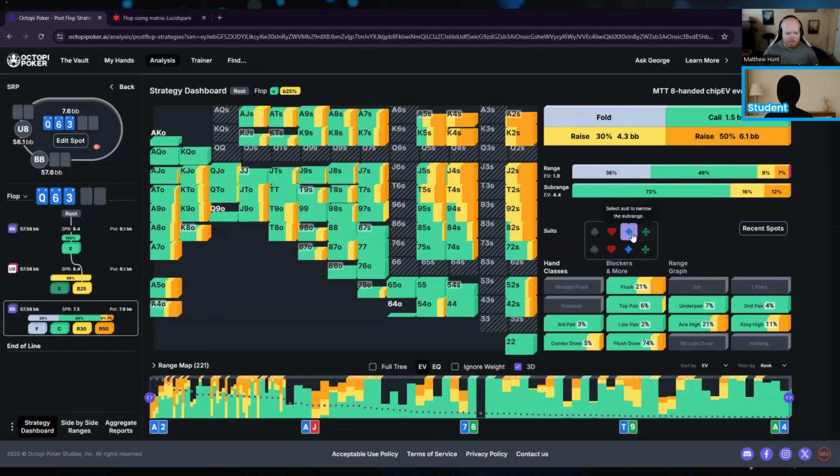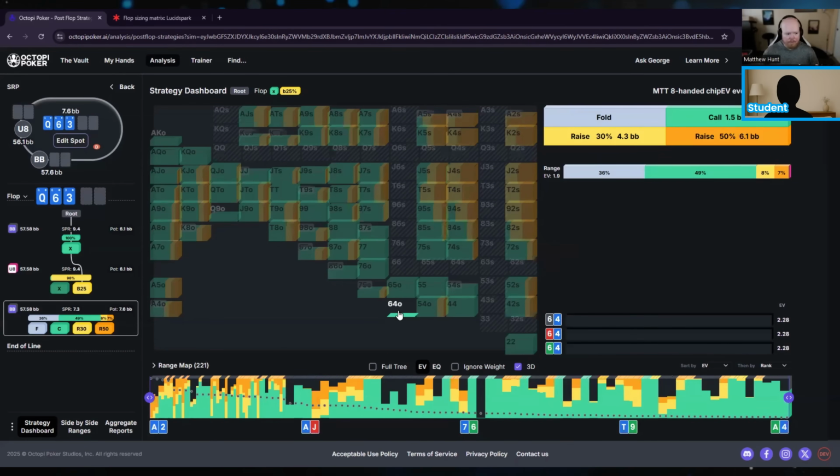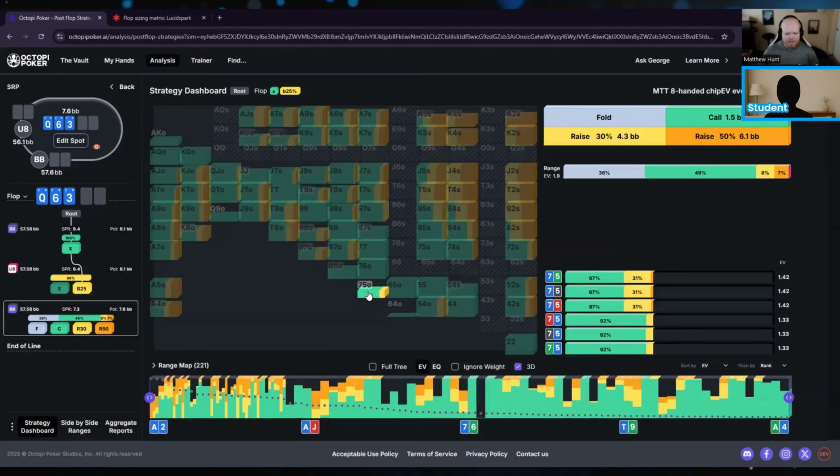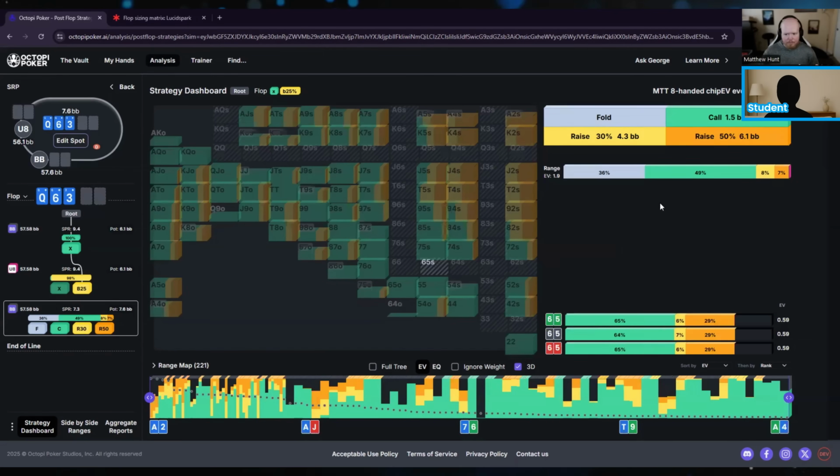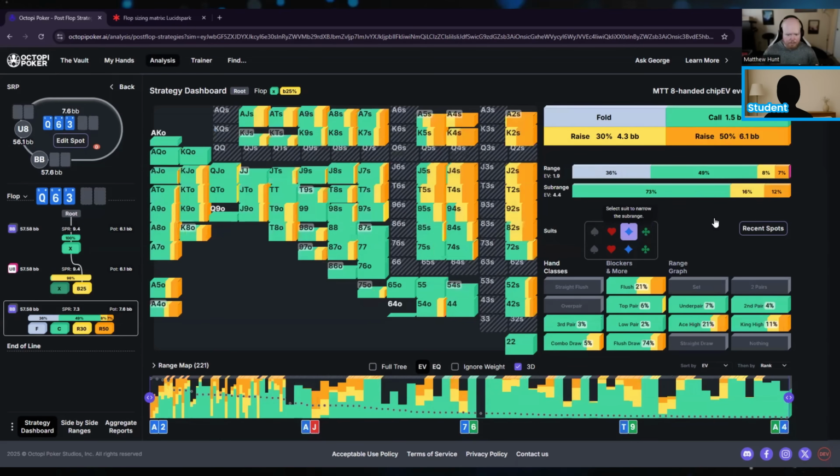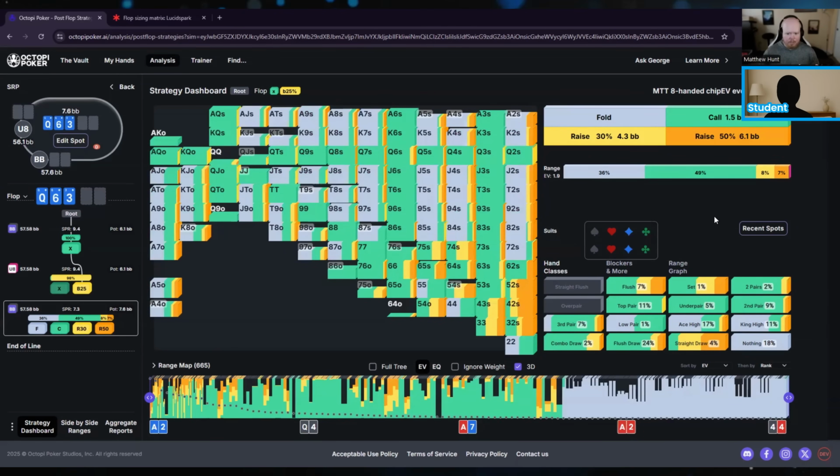A single diamond does not fold, even if it's 6-4 with the 4 of diamonds, or 7-5 with the 7 of diamonds, because that has a gutshot as well. Any diamond doesn't fold. So we're really just betting to take advantage of all the suited hands that they have that don't have a diamond, that are just trivial folds. And there's enough of them that we actually do get to range bet this spot.